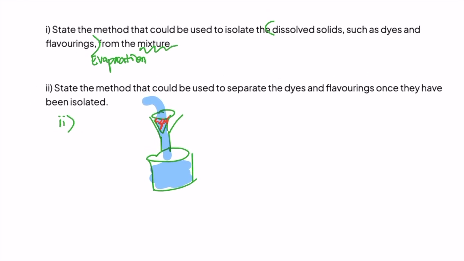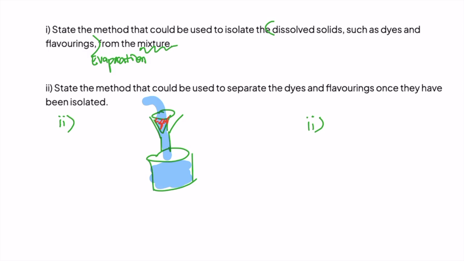State the method that could be used to separate the dyes and flavorings once they have been isolated. According to the answer key, it says recrystallization. But I think for the dyes, after recrystallization, you can also use paper chromatography.